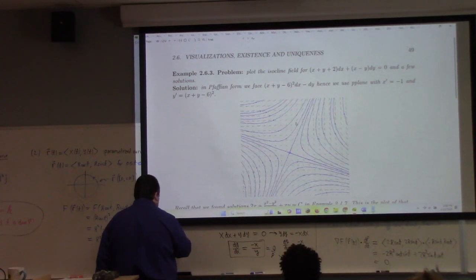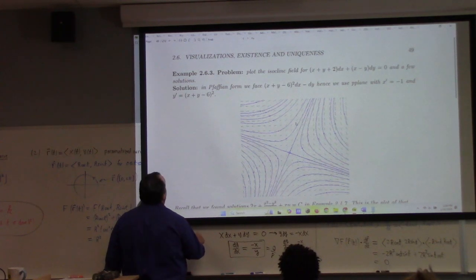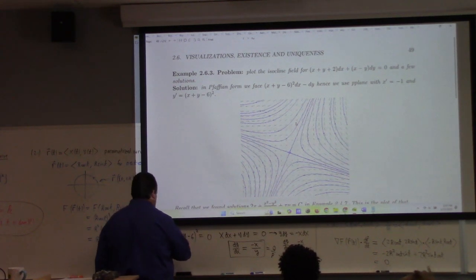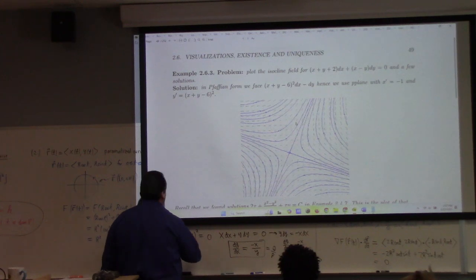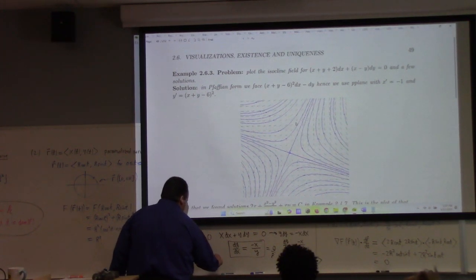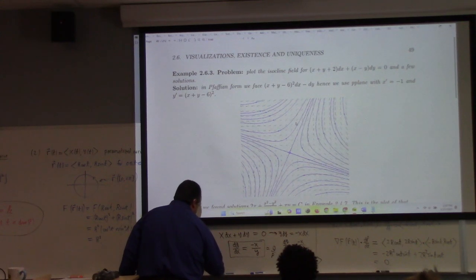We want x plus y minus 6 equal to 0, so it's the same thing again. y equals 6 minus x is where dy dx is equal to 0.